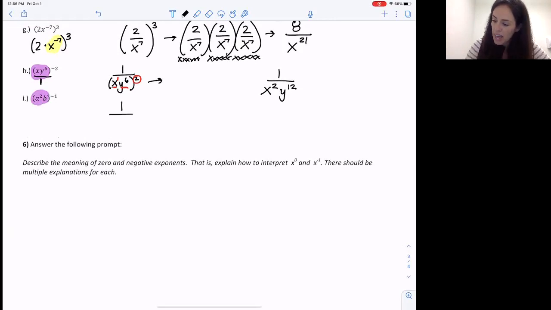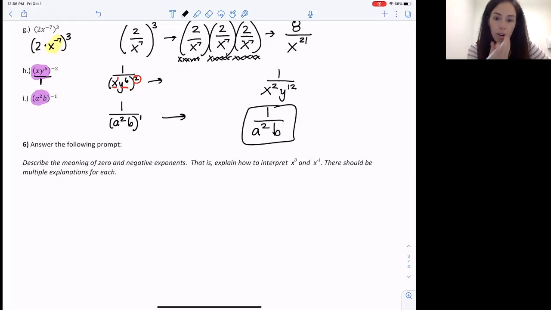So I'm going to send everything down to the denominator. Okay, I could think of this raised to a positive 1, but that's just the same as not having a parentheses there at all. So my final answer is 1 over a squared b.